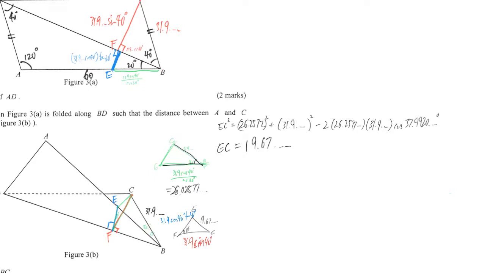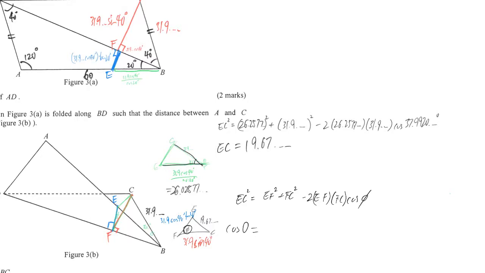So we are going to use these lines with the cosine formula again. We have this angle phi, so we use EC squared equals EF squared plus FC squared minus 2 EF FC cosine phi.